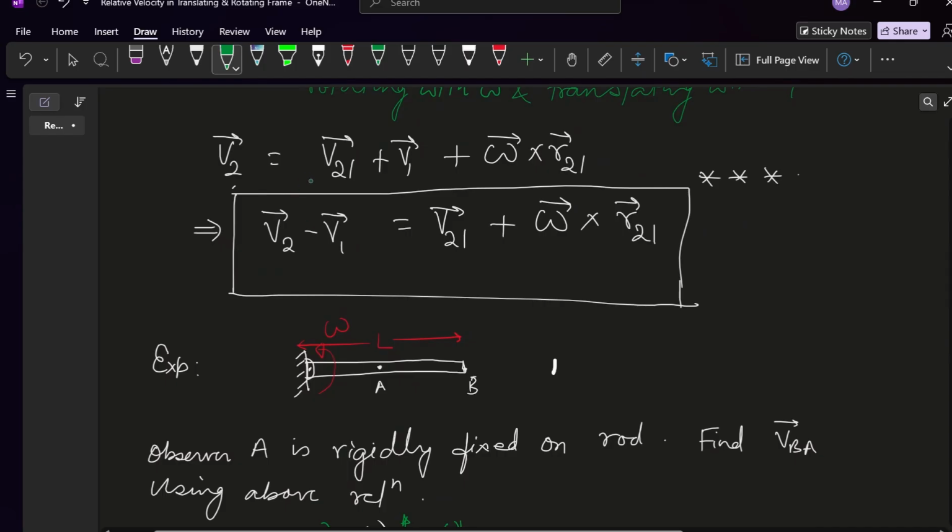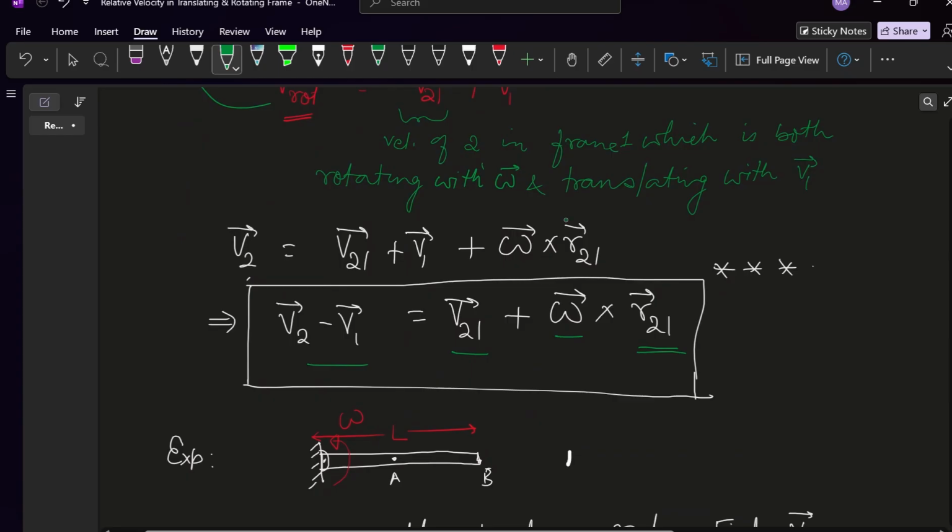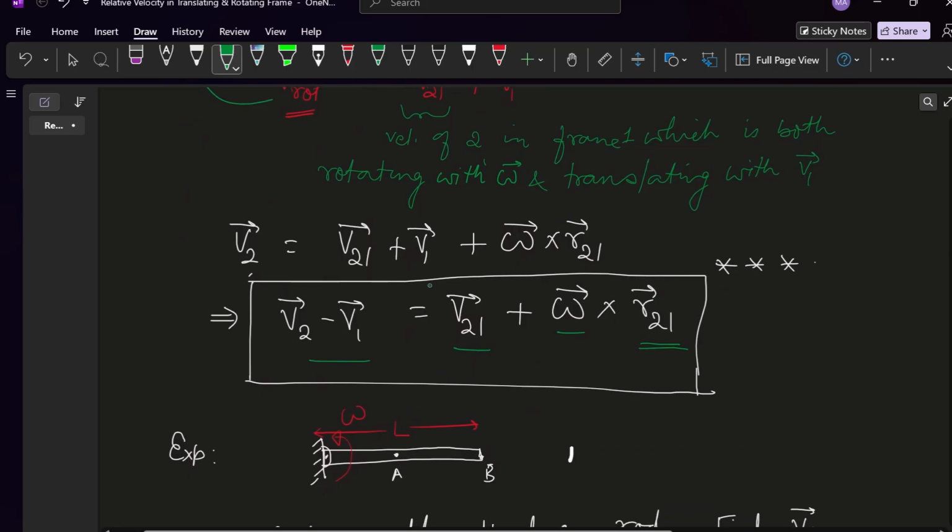So taking the v1 vector to the left side, the v2 vector minus the v1 vector is equal to the v21 vector plus the term omega cross r of 2 with respect to 1. You see that in a rotating plus translating frame, v2 vector minus v1 vector is not equal to the v21 vector; that is true just for a translating frame.